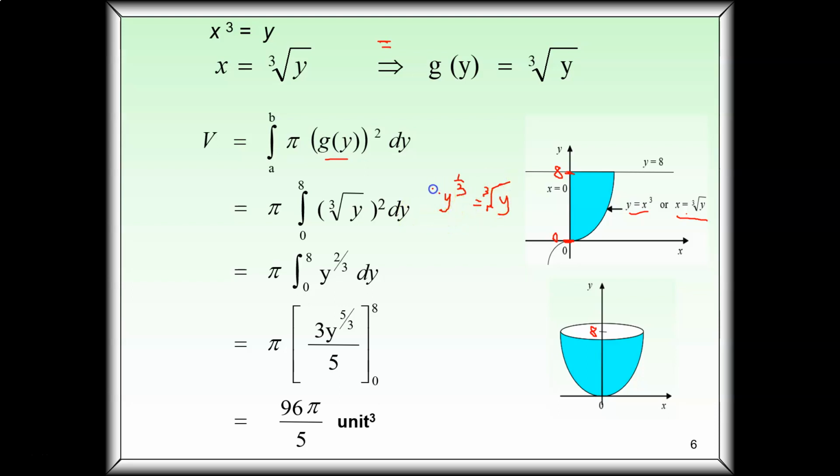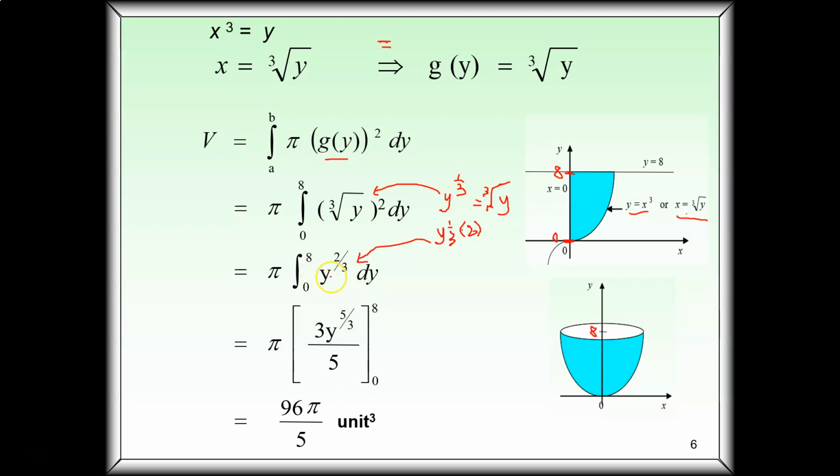Okay, this one. So once you have this, you can square it. So when you square it, you get y to the power of 1 over 3 times 2. That's why you get this: y to the power of 2 over 3, y to the power of 2 over 3 dy. Then only you can integrate.